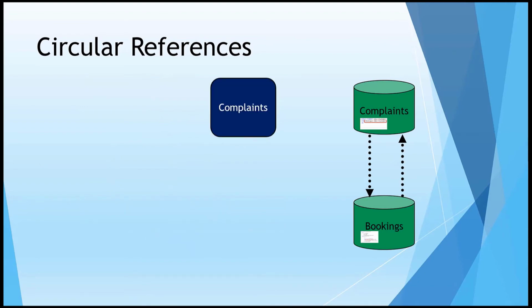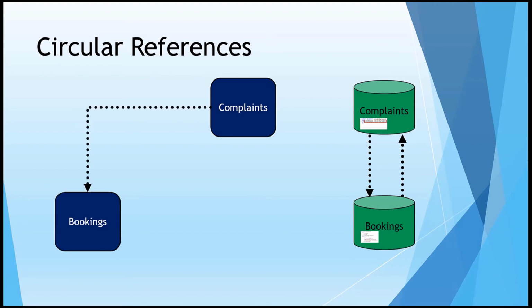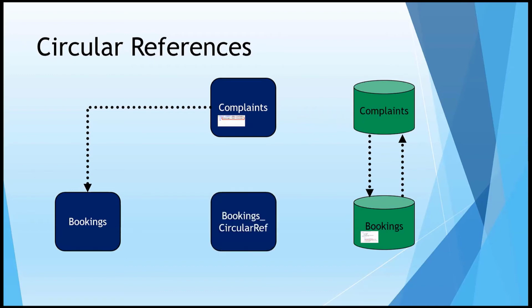So we create a project called complaints and a project called bookings, and we set up another database reference, and we create that synonym in the complaints project. But then we create a bookings circular ref project, and we put a same database reference in there to bookings, which attaches that virtual version of bookings to our circular ref project.